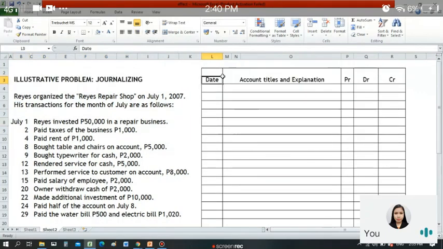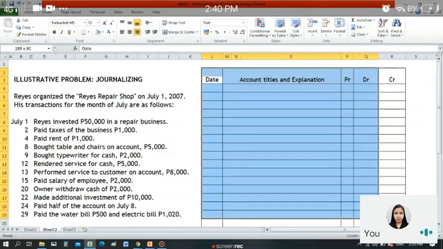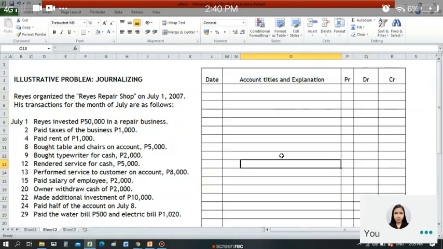We already write the heading of our journal. So by the way, since for example, gumamit ka na ng second page ng journal mo kasi yung journal mo, you're already full, used mo na siya, nagkakaroon tayo ng page. So this is the GJ1, meaning General Journal 1.